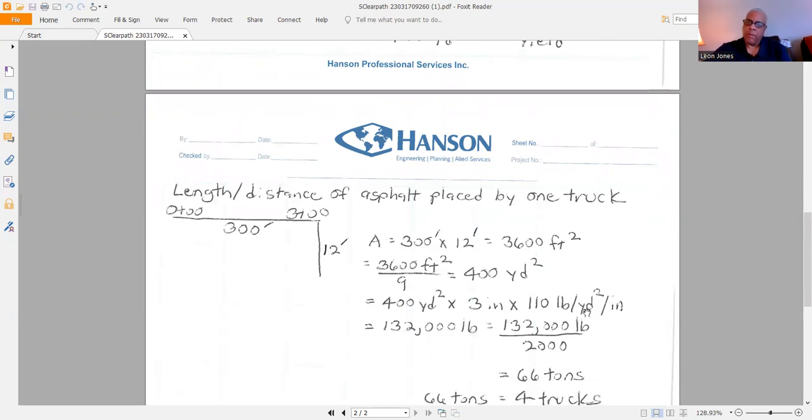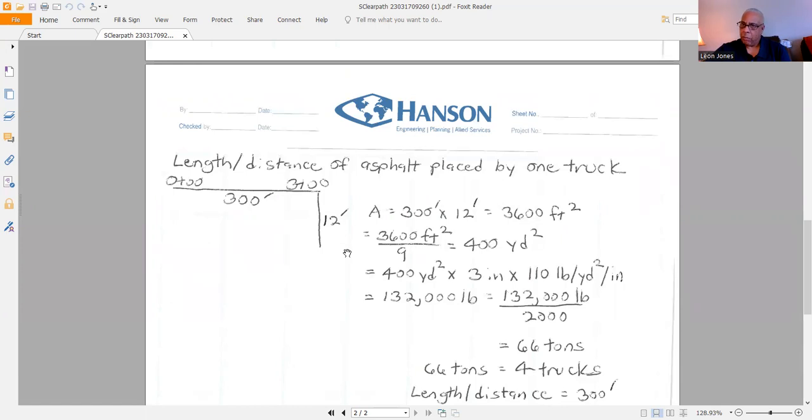Let's say, let me give you a scenario at 300 feet. So how many trucks are we going to need? And then what's the distance? What the amount of trucks we need?